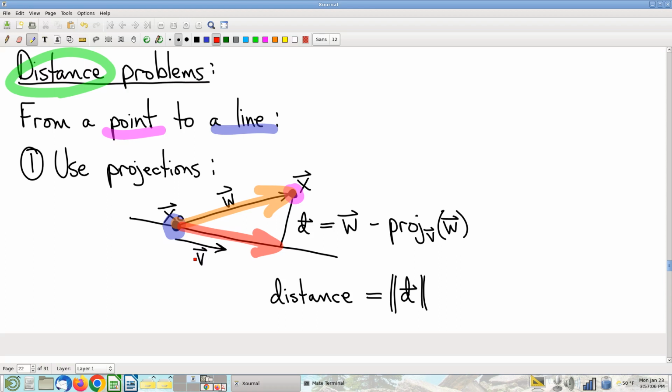Right? If I look at that projection, this useless orange vector, if I subtract off its projection, that difference is this vector here, whose magnitude gives me the distance that I wanted. So, lovely little trick. Vector minus its projection.